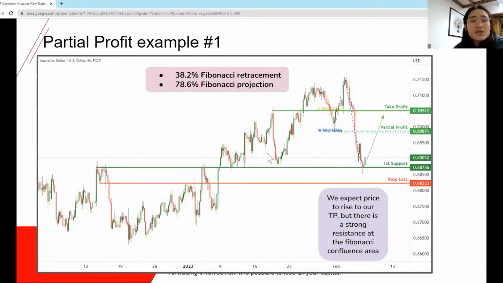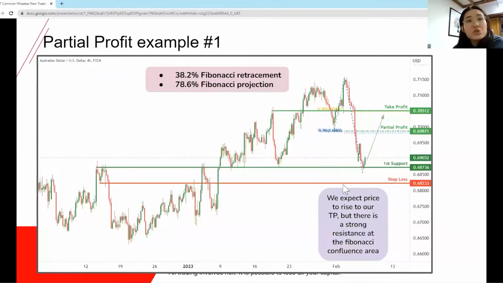Our first support is significant because price has tested this level many times. You can see the swing highs and swing lows, and our stop loss, on the other hand, is slightly below that, and also in line with a couple of swing highs and lows.